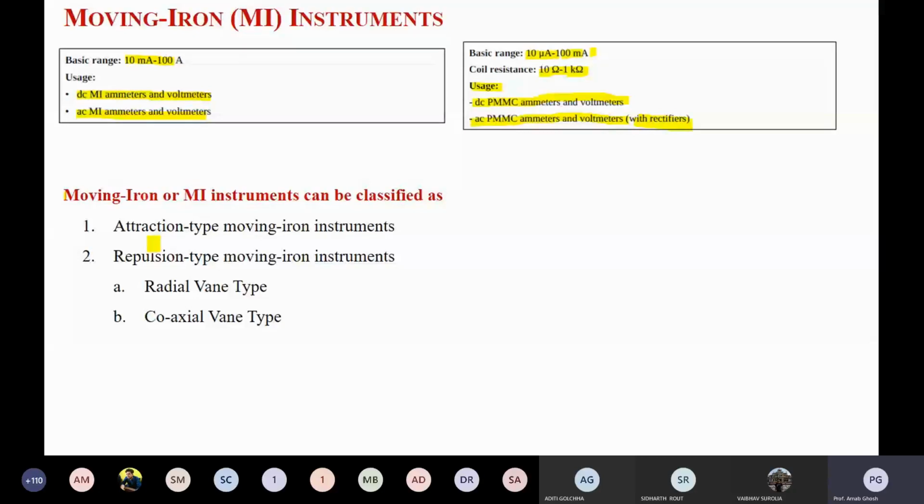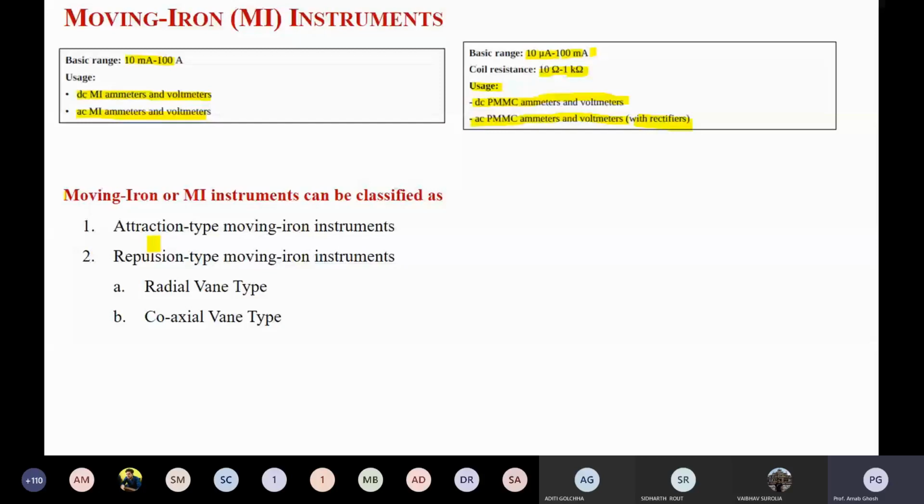Repulsion means two magnets repel each other. Both of these properties are available in moving iron because of magnetics. That's why moving iron instruments have two types based on the attraction principle and the repulsion principle. So that's the basic motivation of the two types of MI instruments.